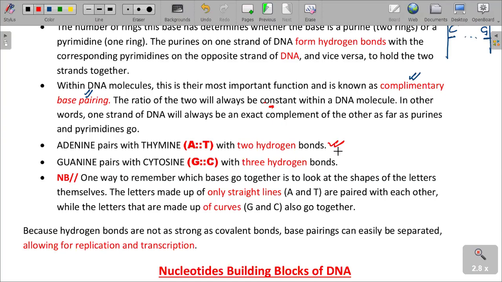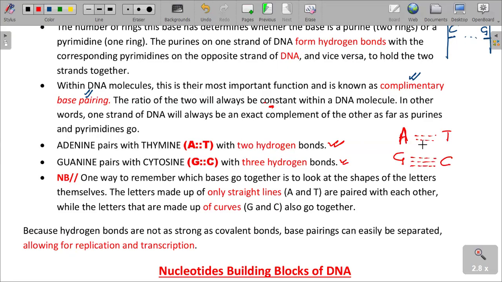And then guanine pairs with cytosine, with three hydrogen bonds. For A and T, the two hydrogen bonds are like this. And for G and C, there are three hydrogen bonds found there. The three hydrogen bonds are these ones.